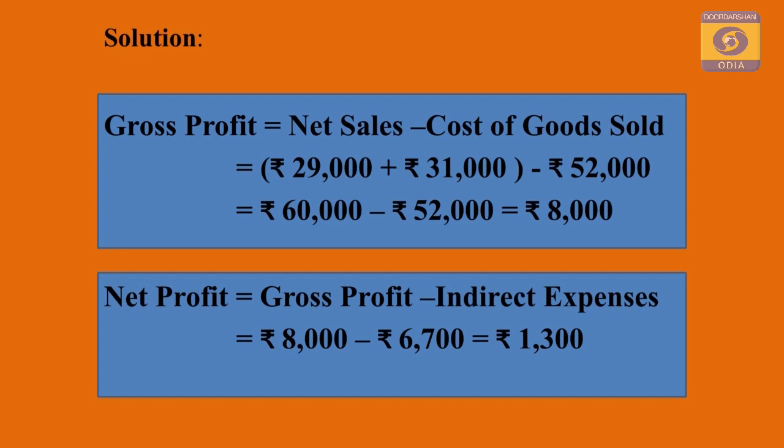So net sales is 29,000 plus 31,000, that is 60,000, minus 52,000, so the gross profit is rupees 8,000. And the net profit is gross profit minus indirect expenses. So 8,000 minus 6,700 gives us 1,300.